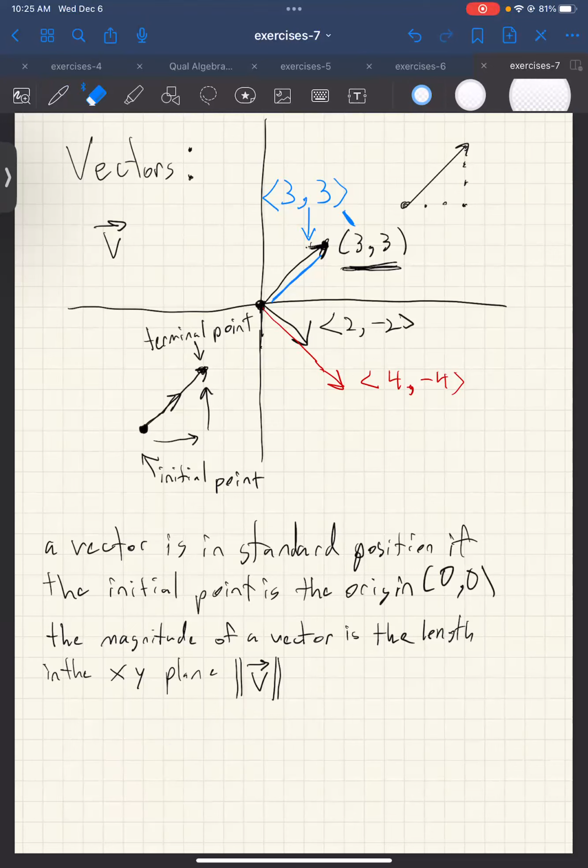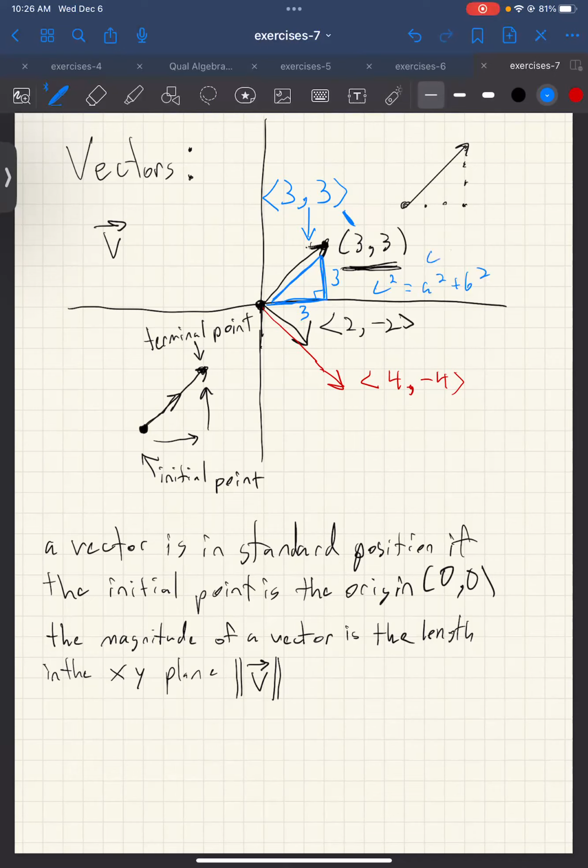Well, how do we find the distance from 0? This looks a lot familiar, I think. If the blue line is the length of the vector, then I can make this line here, and this would be 3. And then I make this line for the horizontal distance, and that would also be 3. Now, if I know that the bottom side of this right triangle is 3, and the other side is 3, how long is the hypotenuse? We remember a theorem that c squared is a squared plus b squared.